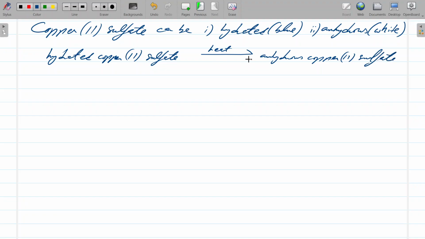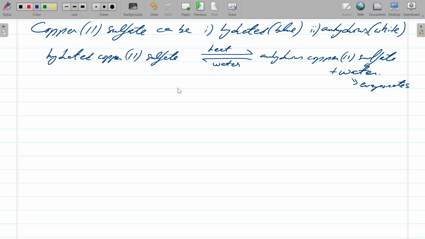Or you can go the other way by adding water. So again, the reaction conditions. Plus water. Why am I saying plus water? Because when you're heating it, the water is evaporating.